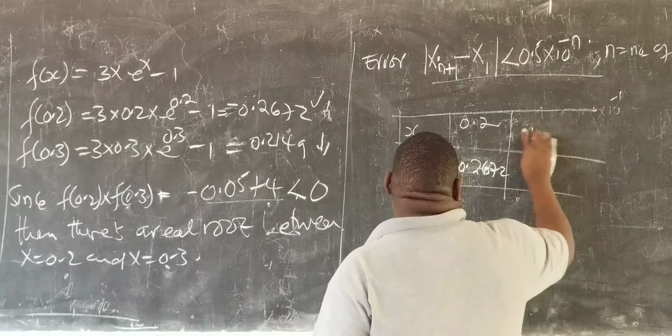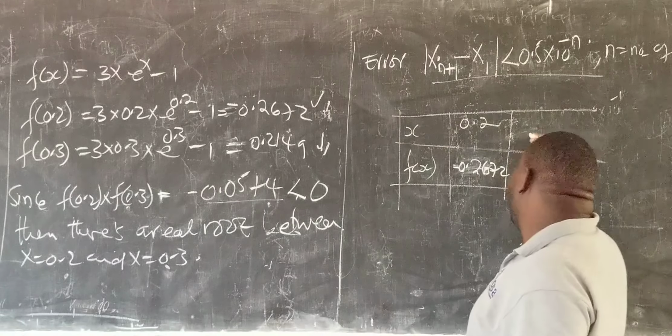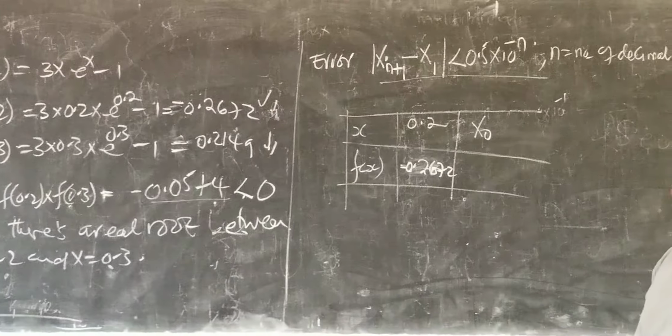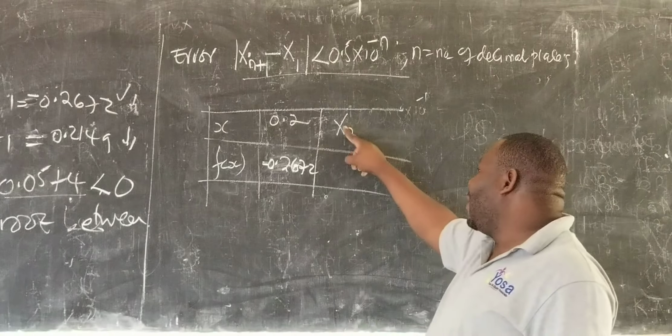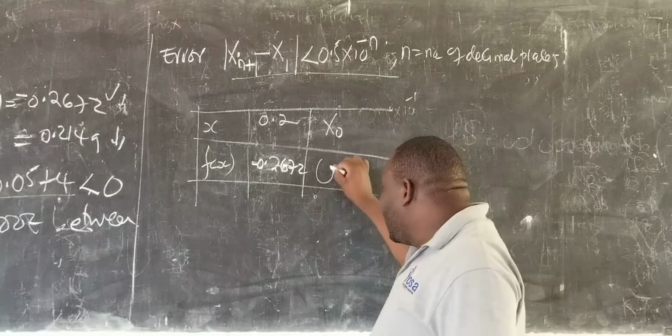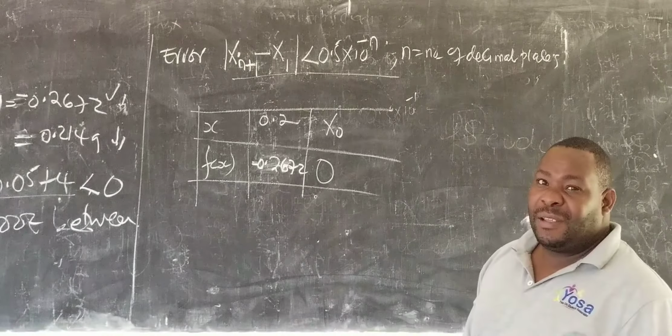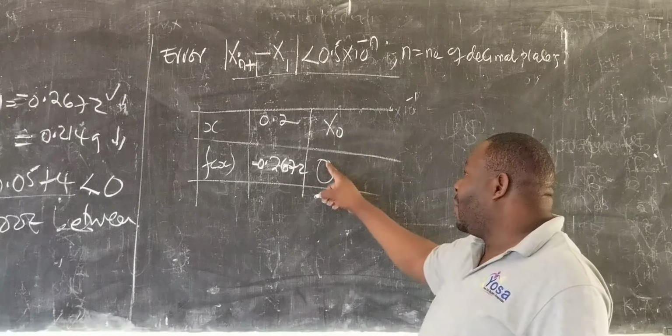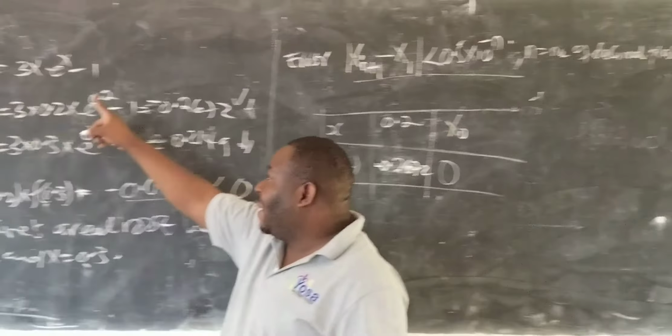Then here, if x naught is the root of the equation, because we are looking for that root, then when you substitute it in the function, you must get 0. If x naught is the root of the equation, when you substitute the x naught in this function here, we must get 0.